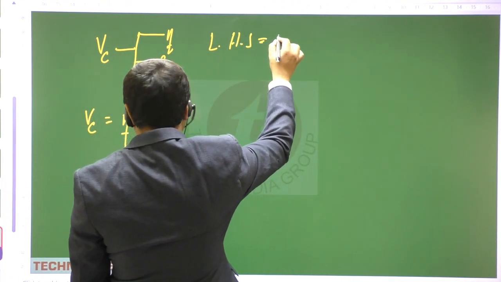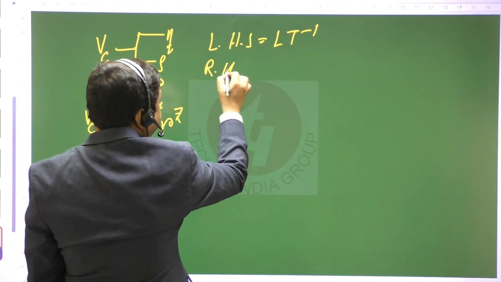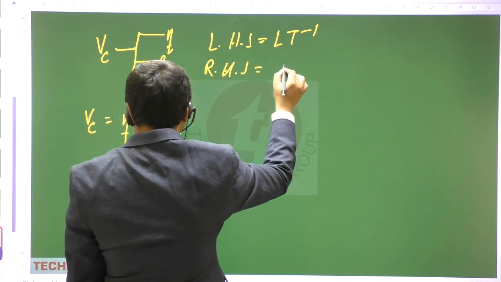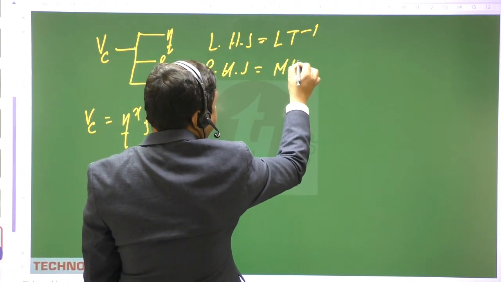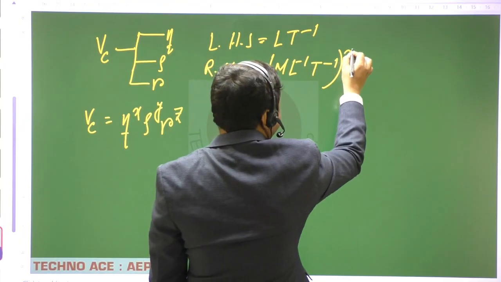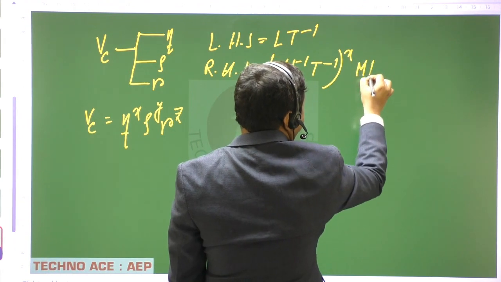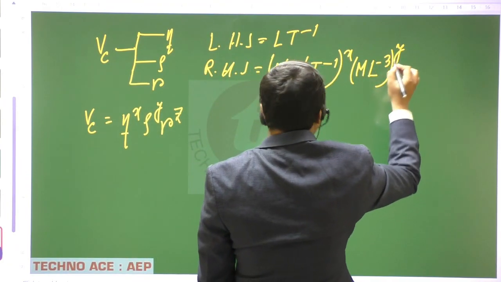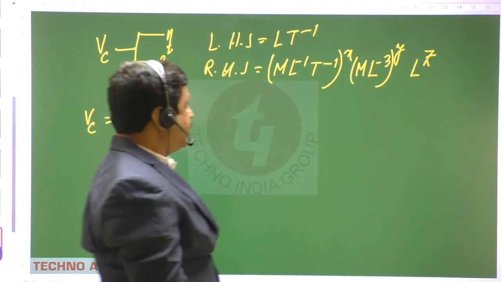So critical velocity has dimension L t to the power minus 1, and in case of the right hand side, first eta has the dimension m L to the power minus 1 t to the power minus 1 whole to the power x, and rho has the dimension m L to the power minus 3 whole to the power y, and z is the radius, so L to the power z, right?